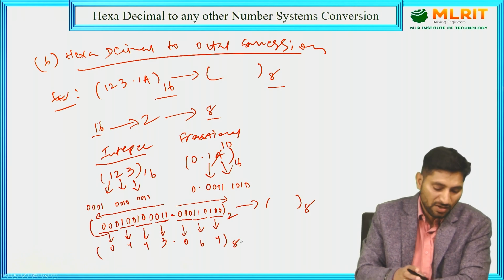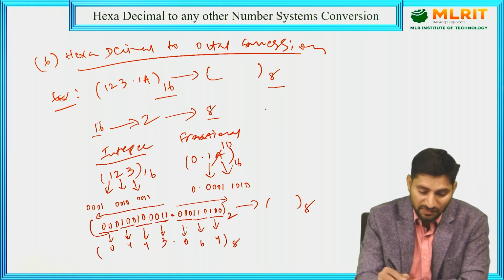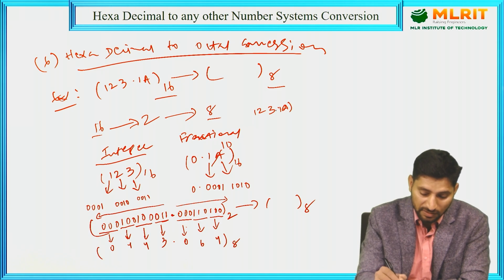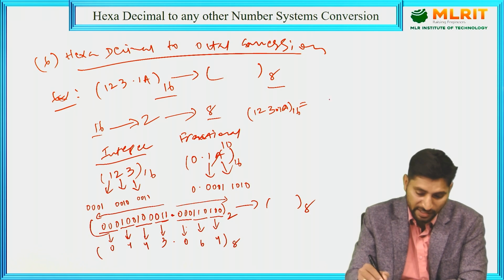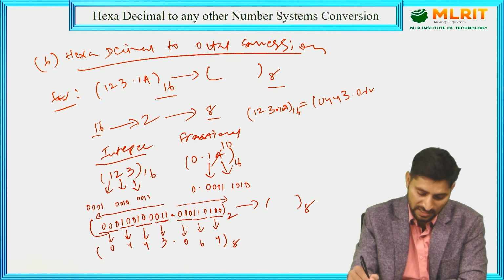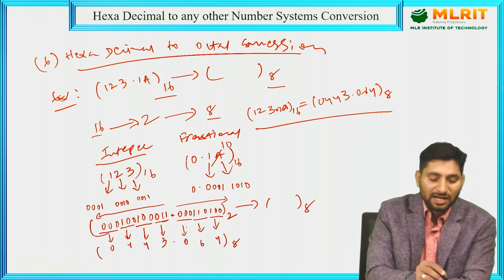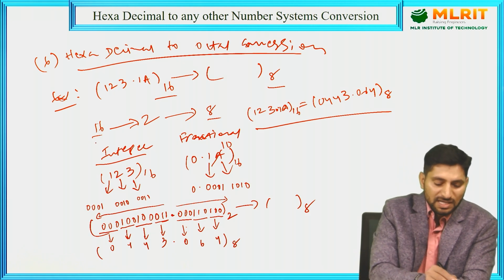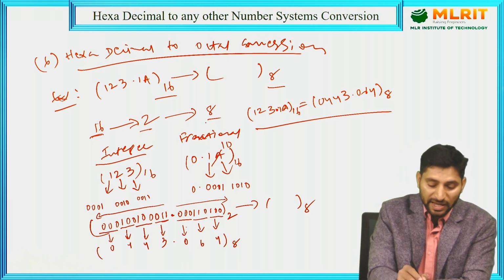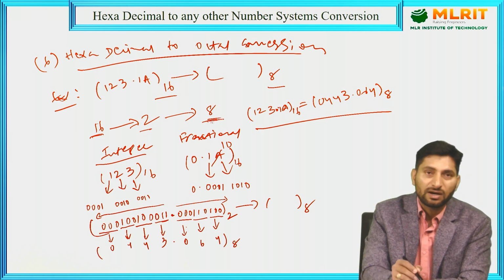So now the actual answer is, 123.1A in hexadecimal is equivalent to 0443.064 in octal. So keep it in mind, while converting hexadecimal to octal, first convert the hexa quantity into binary, then binary to octal conversion.